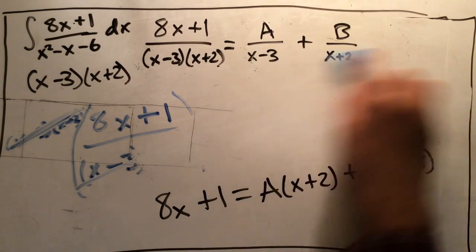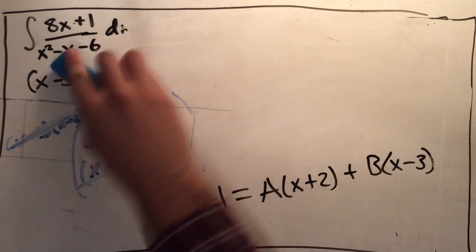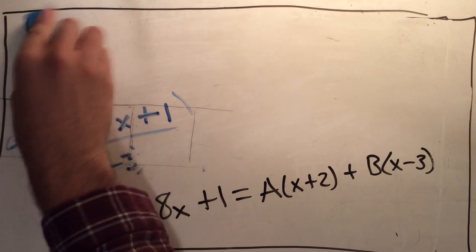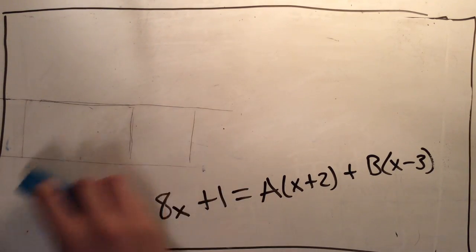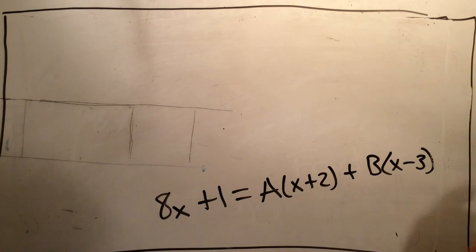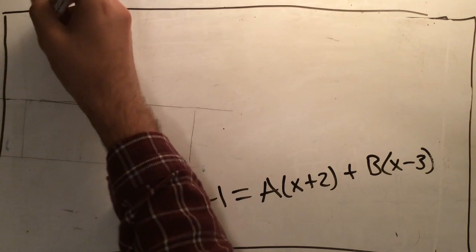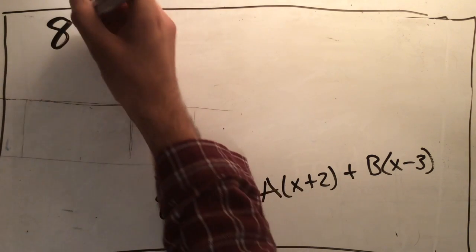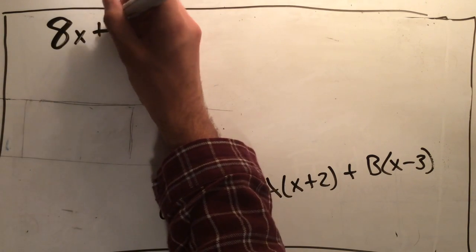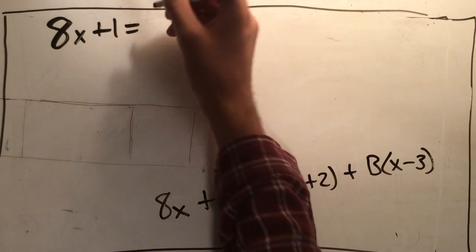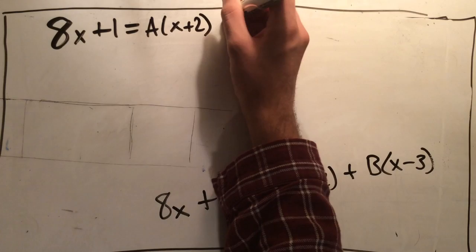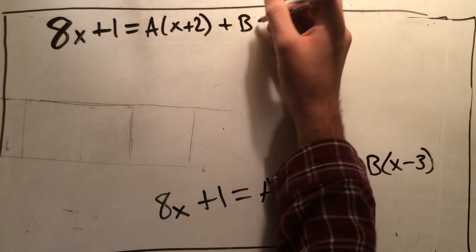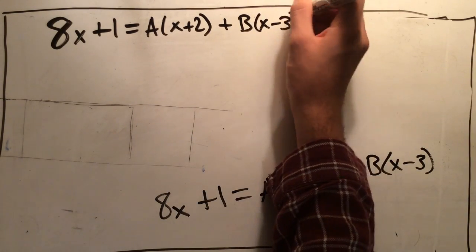Now I'm going to show you two different methods that are used from this equation. Here I'm going to write it down once more: 8x plus 1 equals a times x plus 2 plus b times x minus 3.